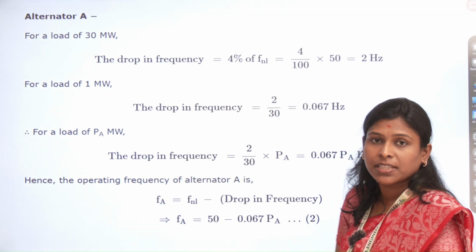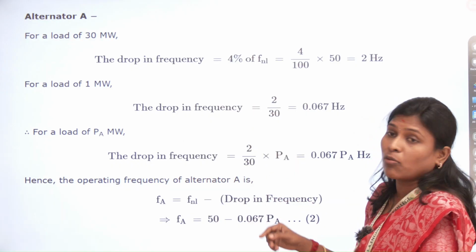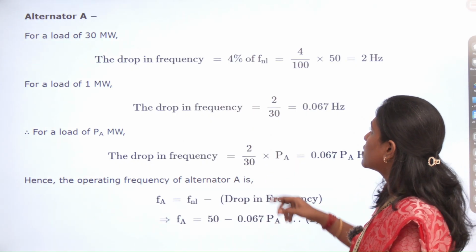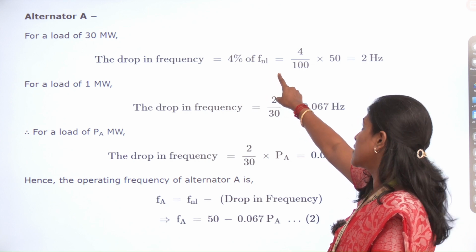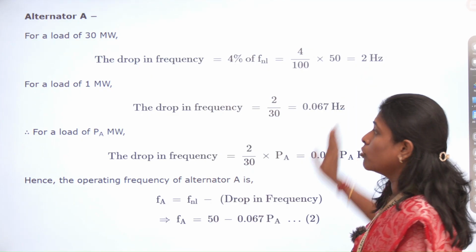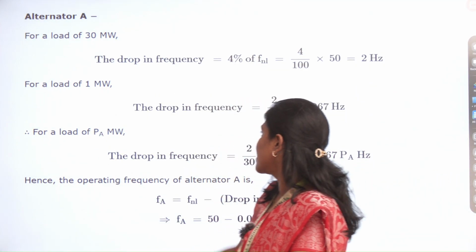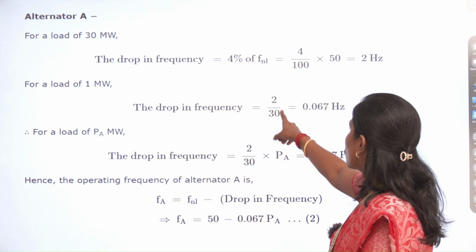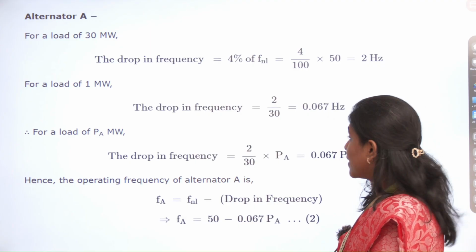Now we will first calculate for alternator A. For a load of 30 megawatts, the drop in frequency is 4% of the no load frequency, that is 4 by 100 into 50, which is equal to 2 hertz. Now for a load of 1 megawatt, the drop in frequency is 2 by 30, which is equal to 0.067 hertz.